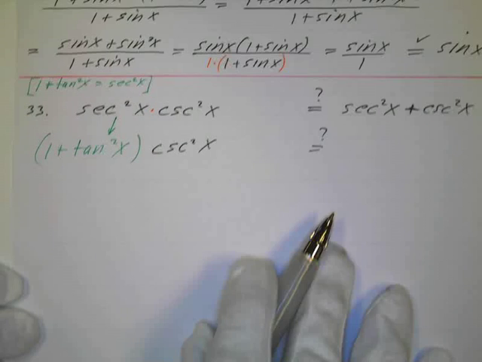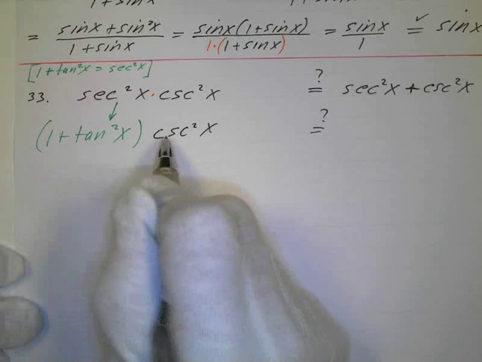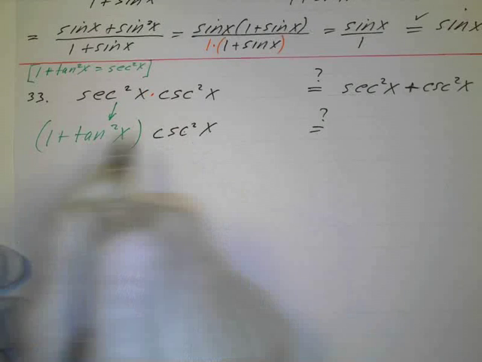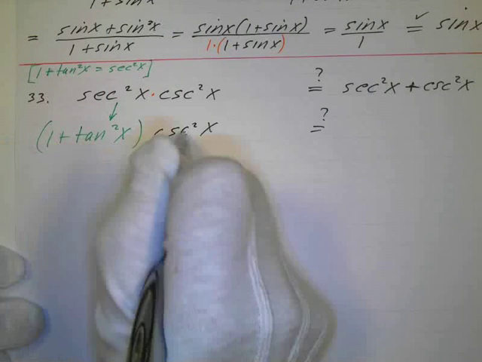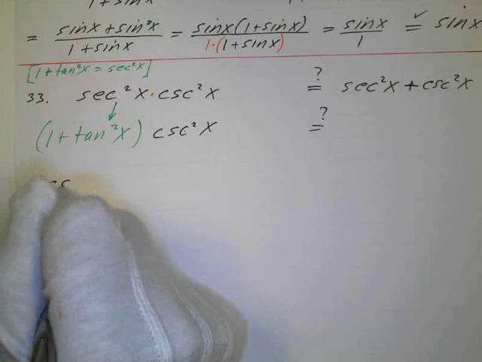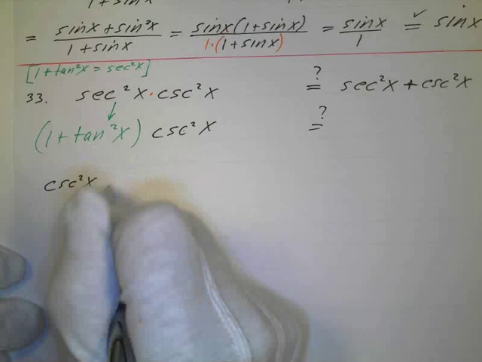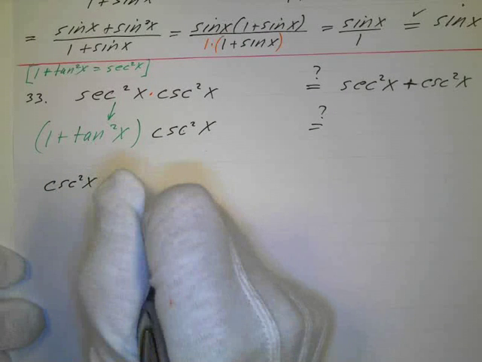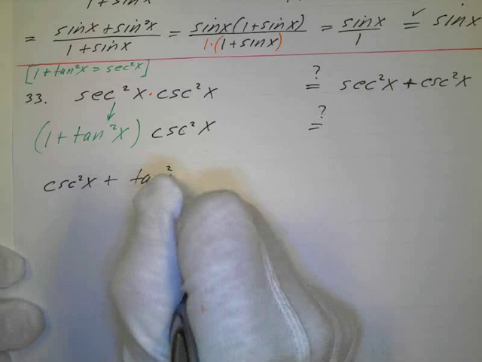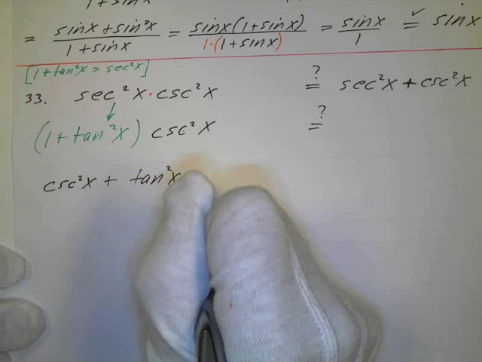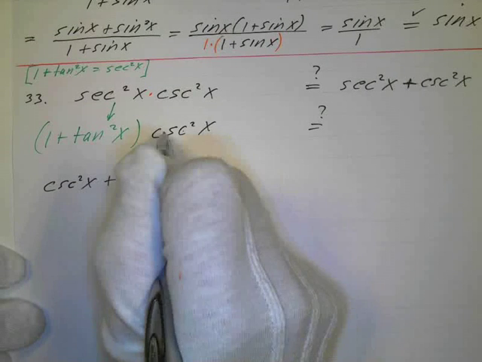Now when I multiply this out using the distributive property, watch how nicely this starts to develop. I've got the 1 times the secant squared, so I've got the secant squared of x, plus the tangent squared of x times the cosecant.